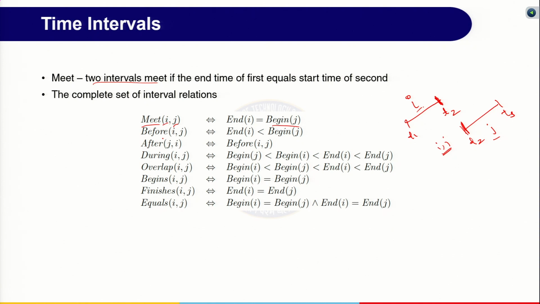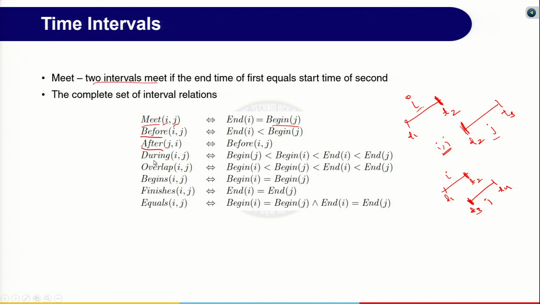Whereas before says that j has begun after i has ended. So if i has t1 to t2, then j might have started later and finished later on. This particular scenario where i ends before j starts is characterized as before.